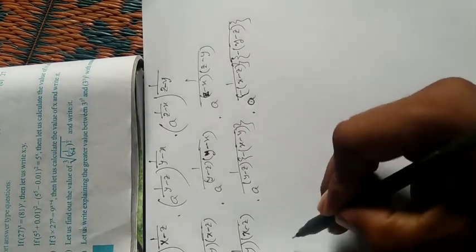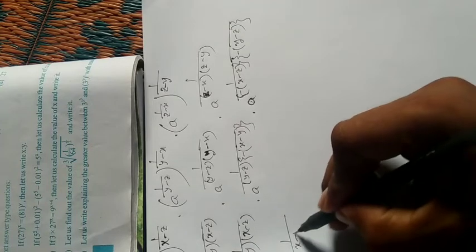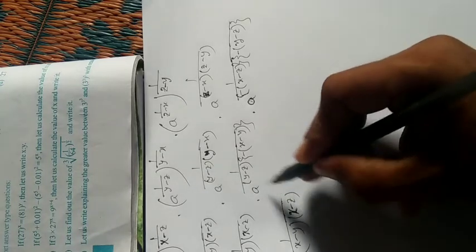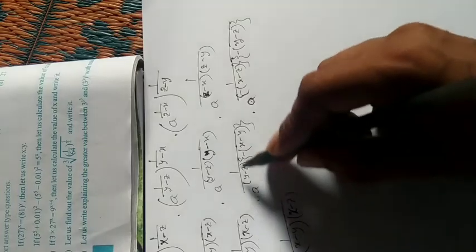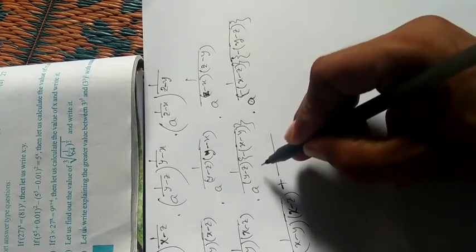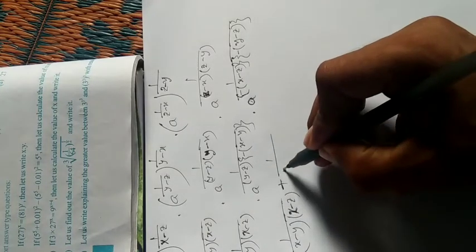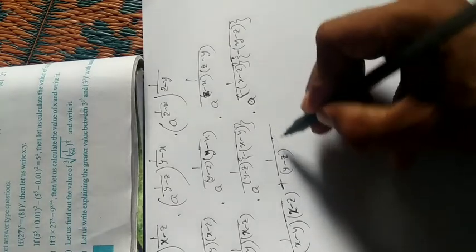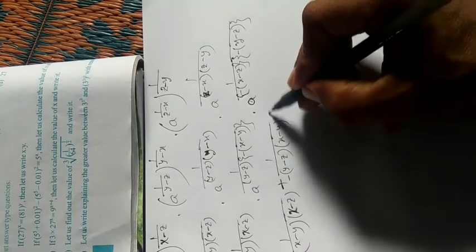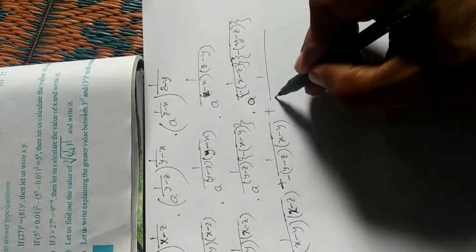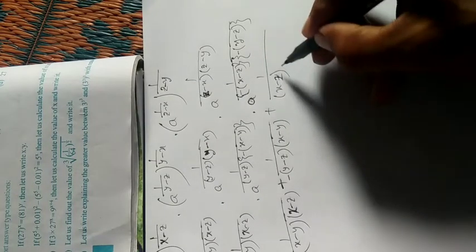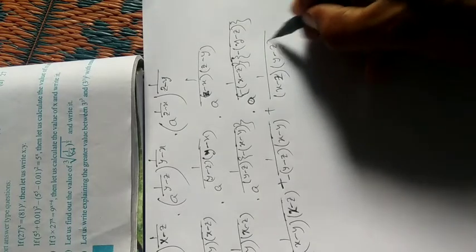a to the power 1 by x minus y into x minus z, we add all these powers because the bases are the same, so plus 1 by y minus z, here minus sign x minus y plus here minus plus, that is x minus z into y minus z.